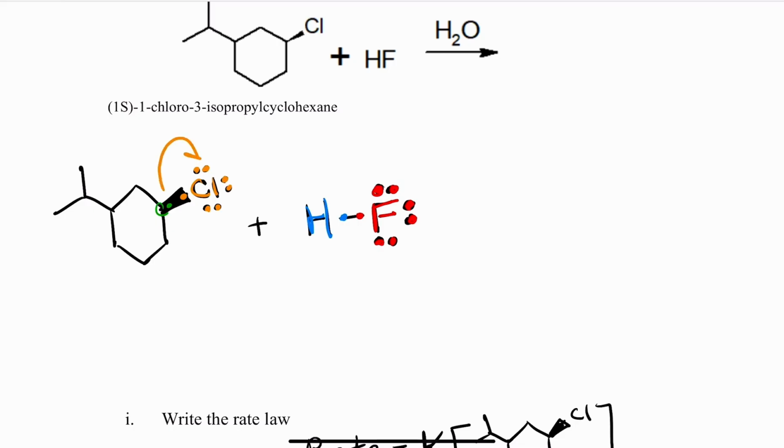It leaves. And that arrow is specifically telling you that this chlorine pops off and takes these 2 electrons with it, so that it still has its perfect 8. So this arrow is saying these 2 are going with this chlorine.